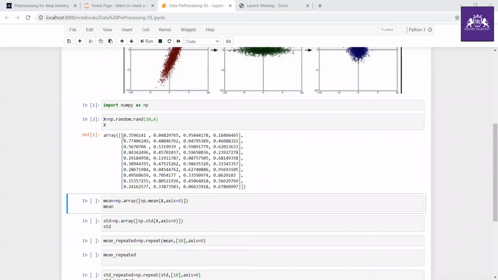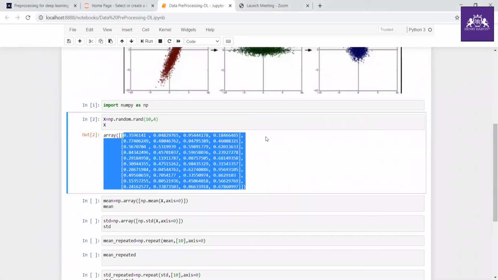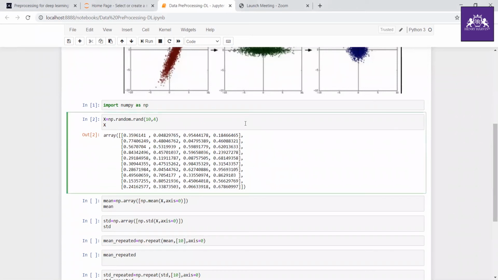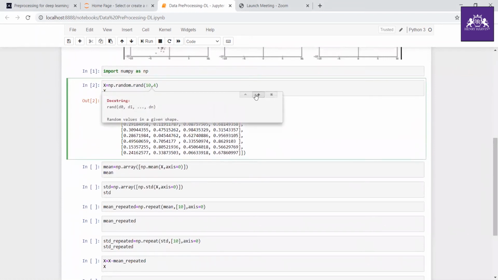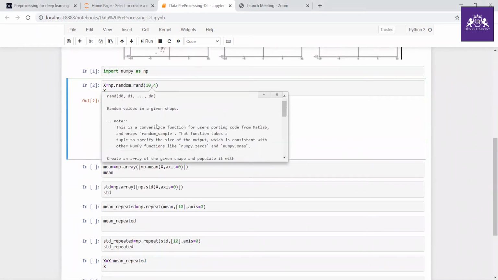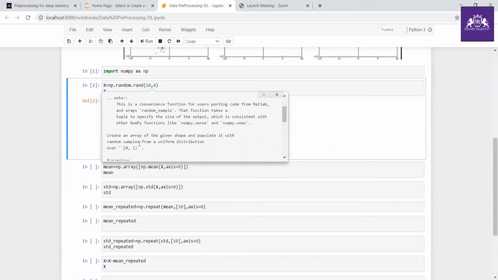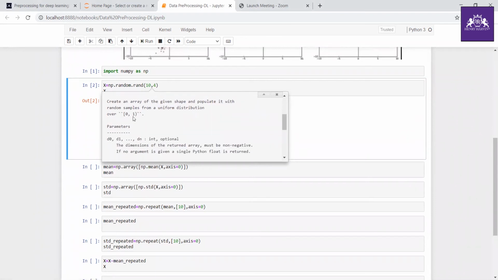So I have created 10 cross 4 random numbers. What is this random.rand? It gives random values in a given shape, populated with random samples from a uniform distribution, which means the values range from 0 to 1.